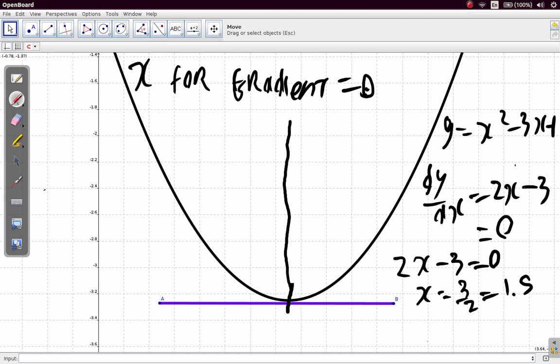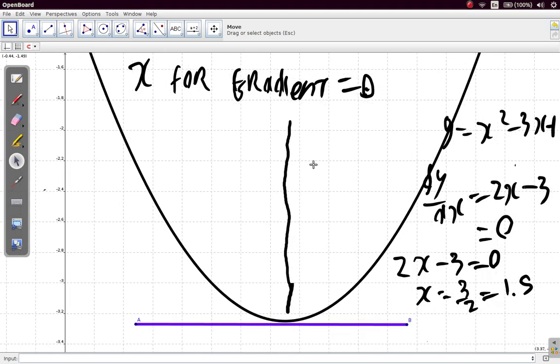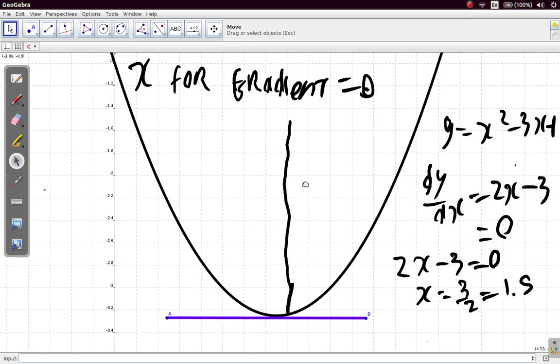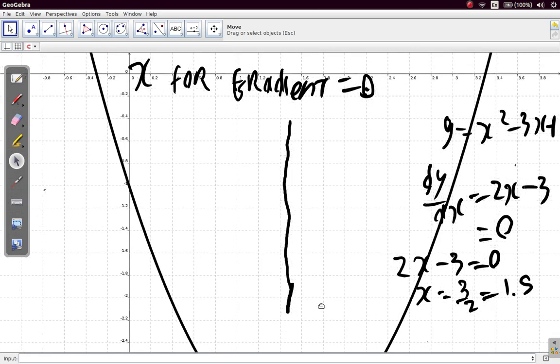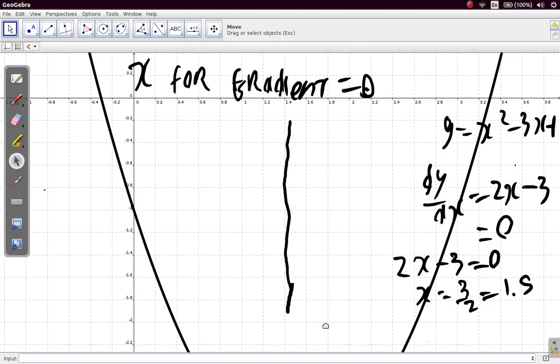Alright, so here the value of x where the minimum value occurs would be 1.5, and I got 1.5 here.